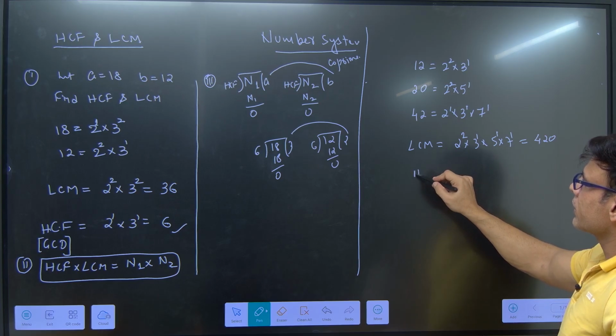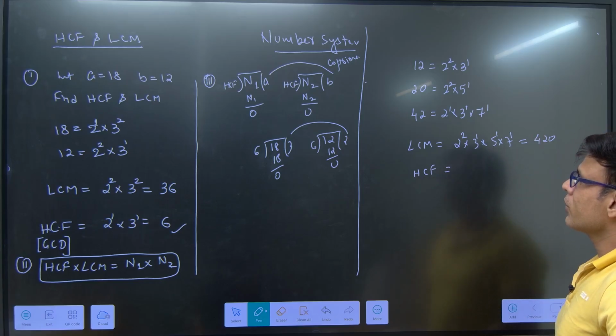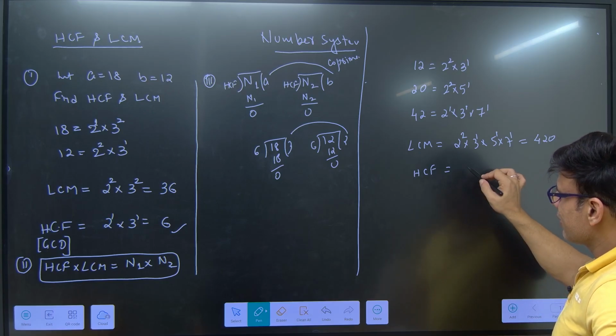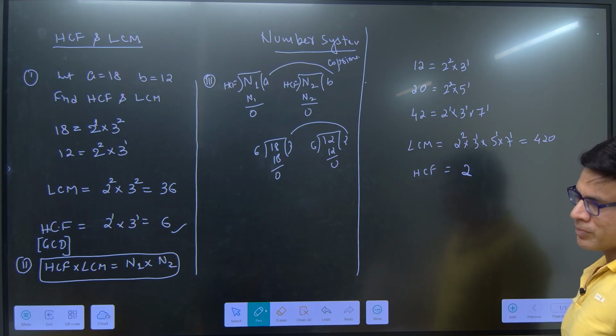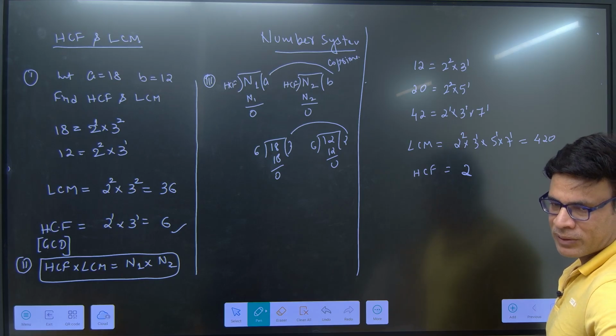As far as HCF is concerned, only the common prime factors, which are common in all. What is common? Only 2. 3 is not common. And raise it to their lowest power. Lowest power of 2 is?